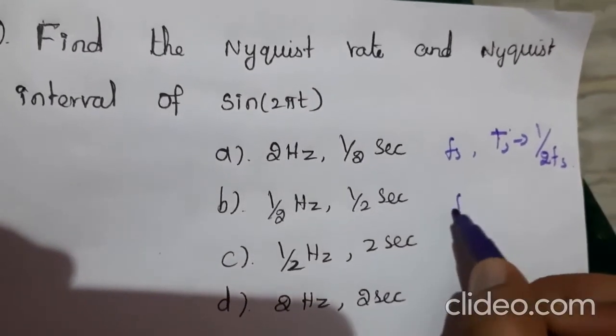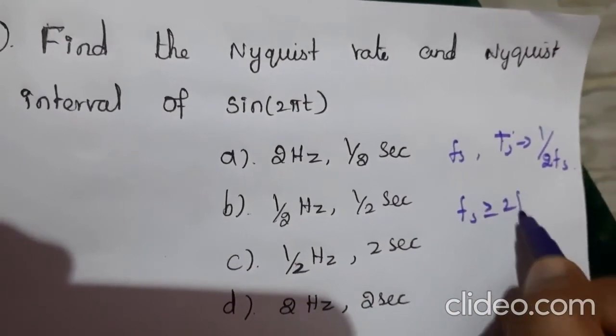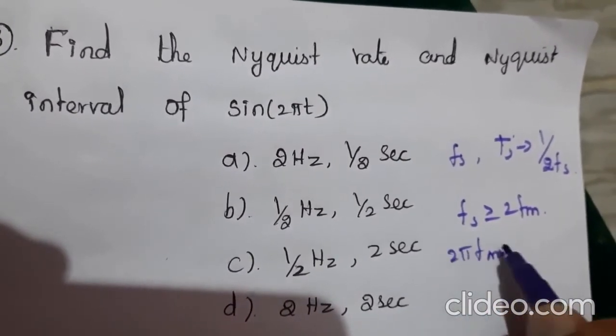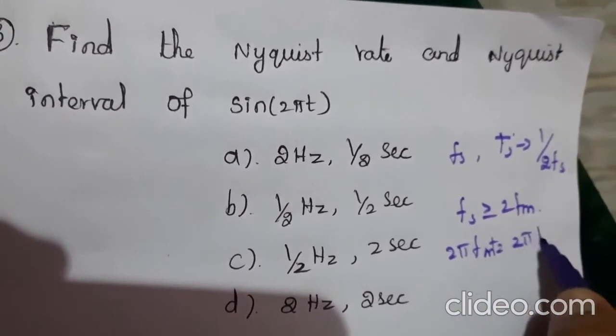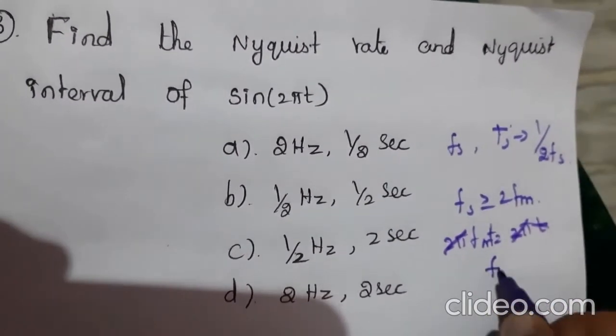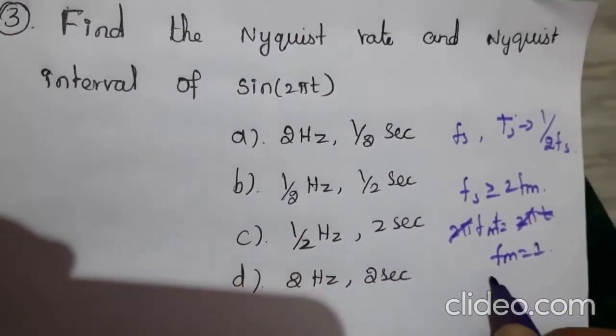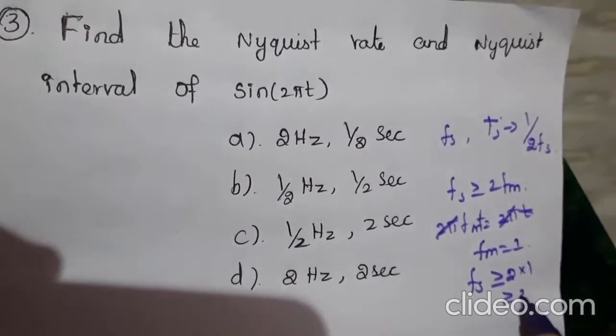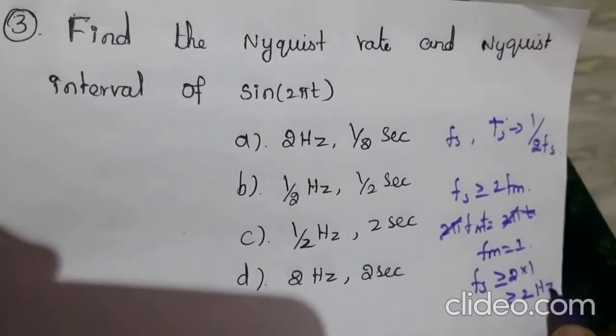Here Fs is greater than or equal to 2 Fm, and for Fm, 2 pi Fm t equals 2 pi t. So 2 pi cancels, t also cancels, so Fm is 1. So Fs is greater than or equal to 2 into 1, that is 2 Hz.